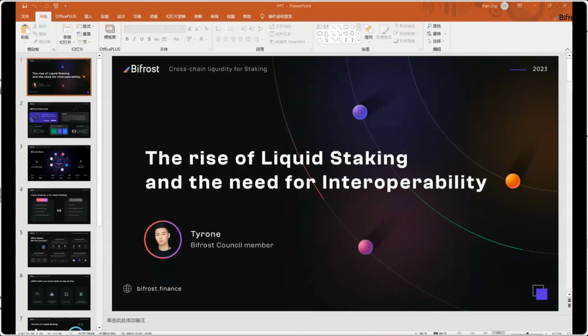Index protocols and interest rate derivative protocols. So if you want to build on top of LSDs, we believe you can definitely use some novel ideas by using LSDs as a collateral asset.